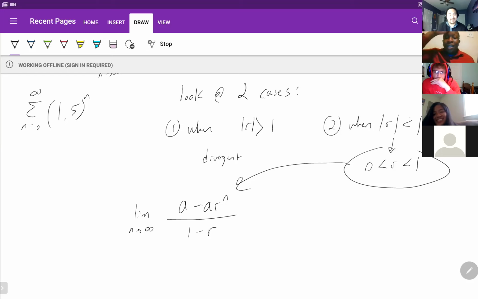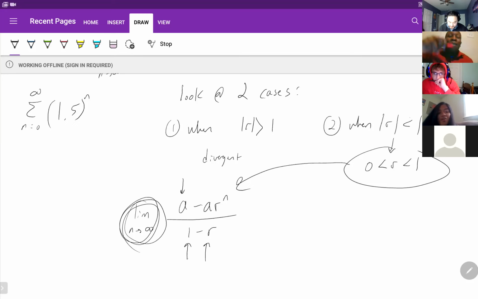Does anything happen to the A? No. Does anything happen to the 1? No. Does anything happen to the negative R? No. The limit is only affecting the n, right? So everything else stays the same. What we're looking at here is this piece right here. Okay, so when R is in between 0 and 1, right?